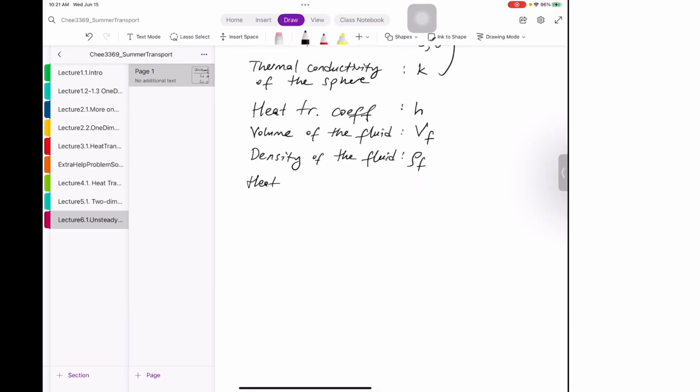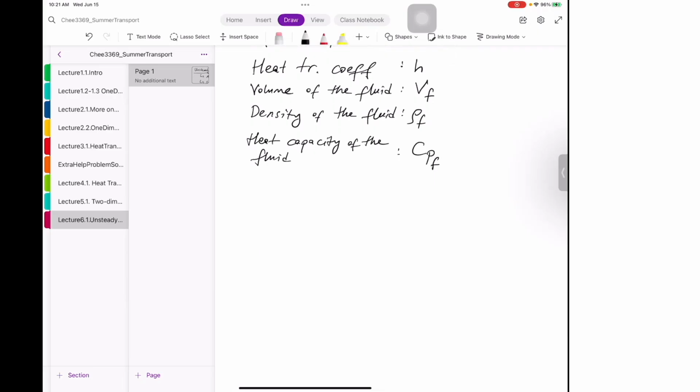Heat capacity of the fluid. Let's call it Cpf. Again, the fluid temperature will also change, so I need the heat capacity of the fluid. I need to relate the amount of heat gained by the fluid to the change in the temperature of the fluid.